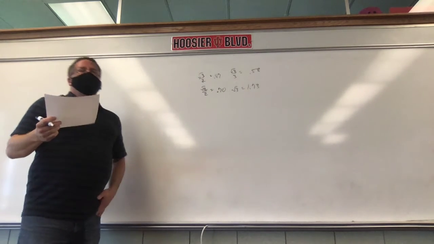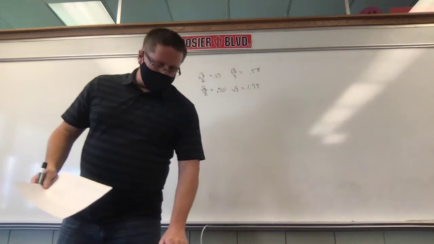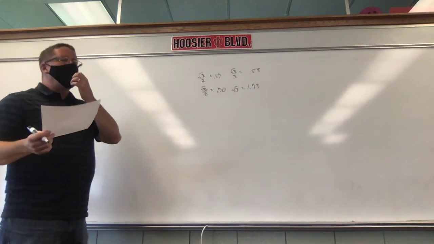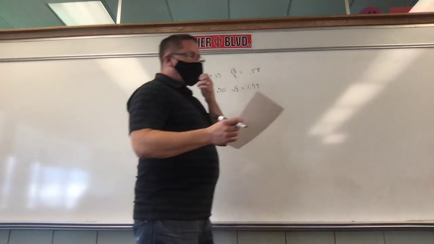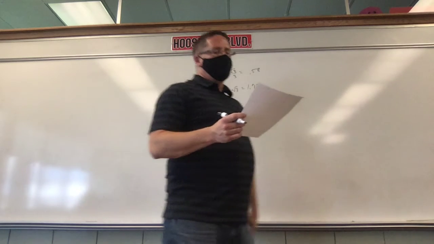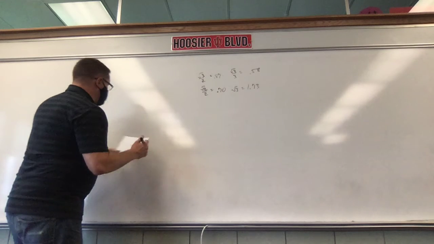All right, now again, I just want to make sure you understand. The way we're going to be doing these today is not the way you're normally going to be doing them, okay? We're going to plot a whole bunch of points in order to see what these graphs look like, and then we're going to show you the short way of doing it. So if you don't have your unit circles out, you want to get your unit circles out, okay?